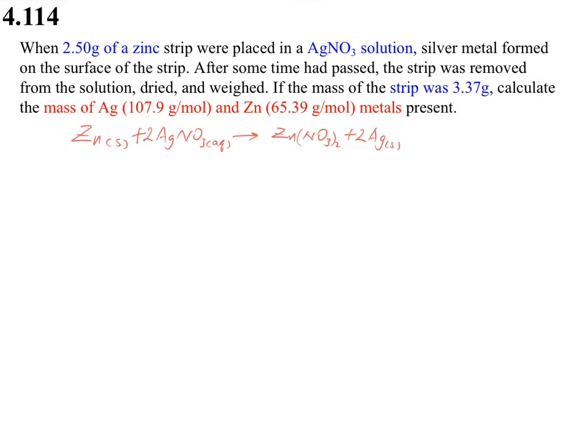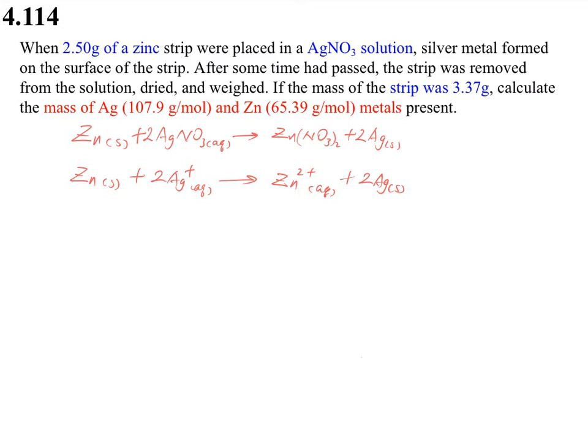To make things easier, we write the net ionic reaction, which is zinc reacting with 2 Ag plus cations to produce Zn 2 plus cation in solution, plus 2 solid silver.